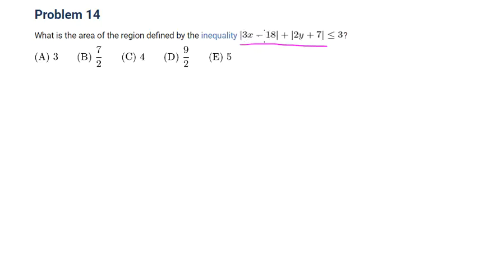It's 3x minus 18, huh? So when does this equal 0? It's when x equals 6, right? Now when x is smaller than 6, this will be negative. That means when x equals 5 and when x equals 7, the values will be opposites.